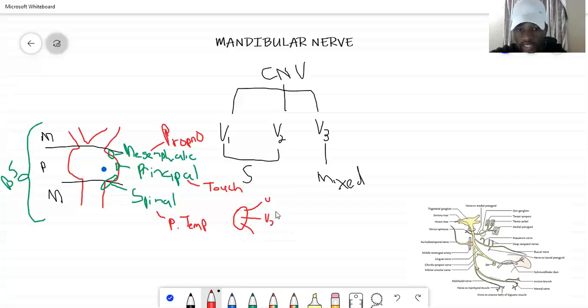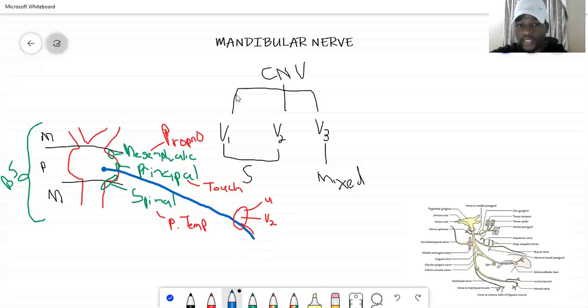So your V1 and V2, those ones, as I said, they are mainly sensory. So this motor nucleus has nothing to do with these ones, right? So if I were to take this motor nucleus, it would go like that, and it will only go with the mandible, not with these two, right? It will only go with the mandible.